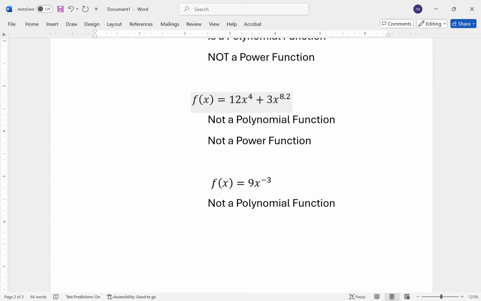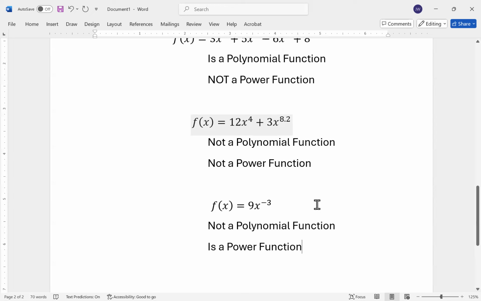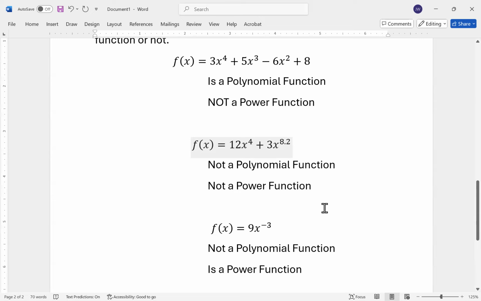A whole number has to be a non-negative integer, so 0, 1, 2, 3, 4, all 0 and positive integers. So it's not a polynomial function because of the negative exponent. It is a power function. Having a negative exponent is perfectly fine with a power function.